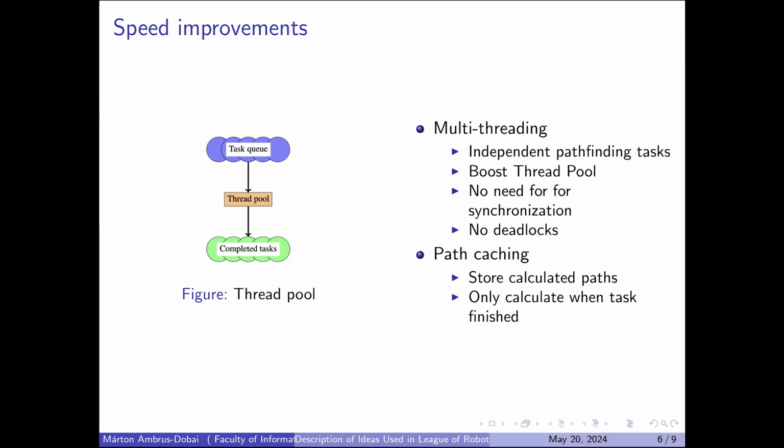And in the beginning of a planning phase, I checked if an agent reached its next location in its stored path, and if he reached the first location, then I remove that from the list, and the agent got a new action based on the next location in this list.